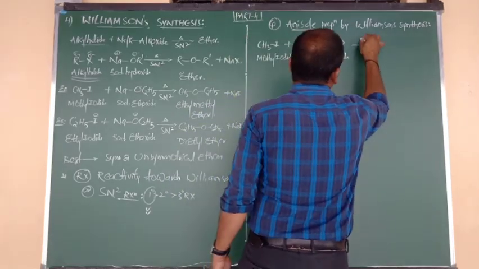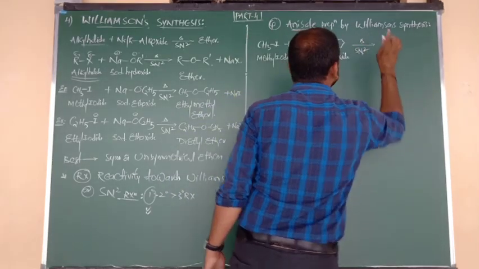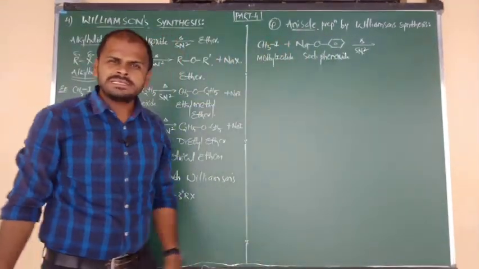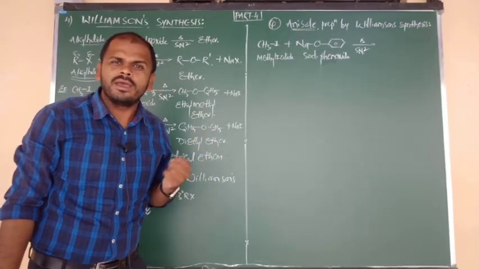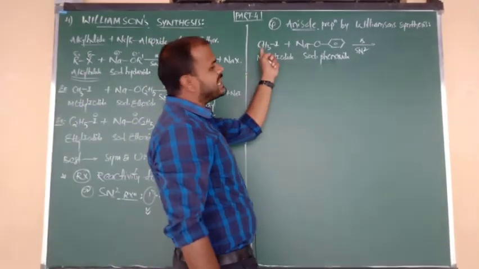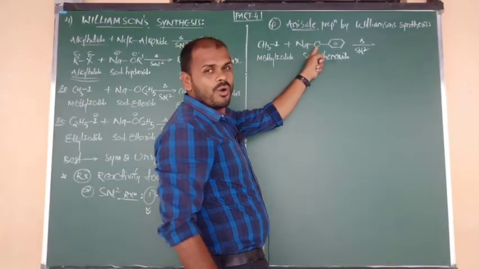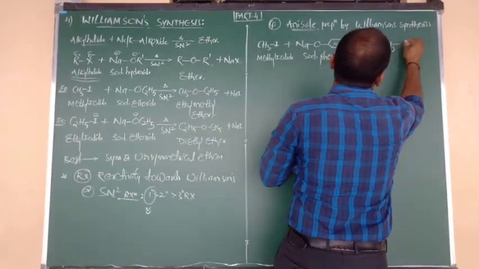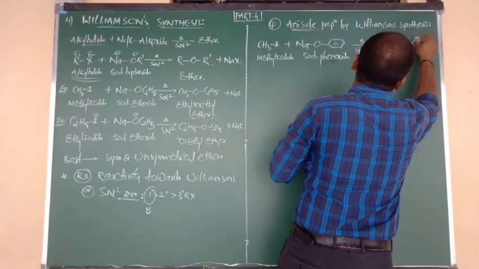Simply upon heating, again it follows the SN2 mechanism. Now Na plus combines with I minus and is removed in the form of NaI. Remaining is CH3 bonded to O, O bonded to benzene. CH3 bonded to O, again O bonded to what, beta? Benzene.